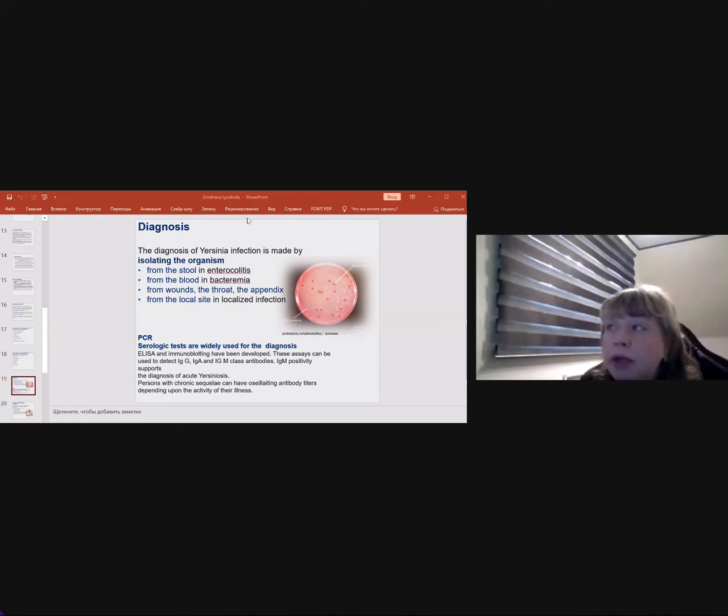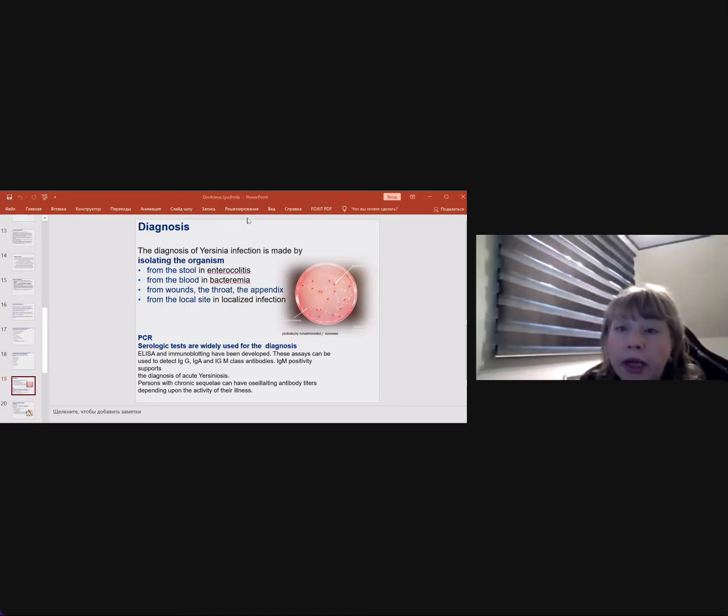For example, if you think about this diagnosis, Yersiniosis, but the patient has, 1 week after the onset of disease, low titers of antibodies, please repeat this assay after 10 days or after 2 weeks, if you are sure of this diagnosis.